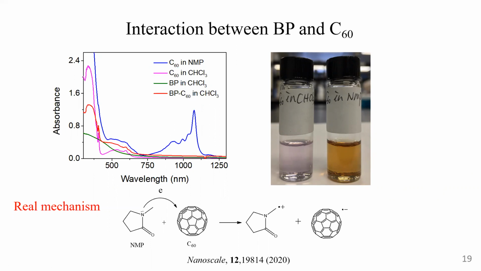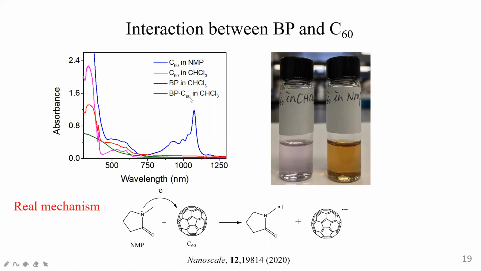To the contrary, we observed a strong peak at around 1075 nanometers if the fullerene is dissolved in NMP, where there's no black phosphorus. Besides, the color of fullerene in NMP is brown, but fullerene in chloroform is pink. This pink color is the normal color of fullerene.